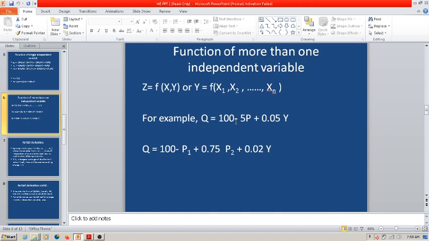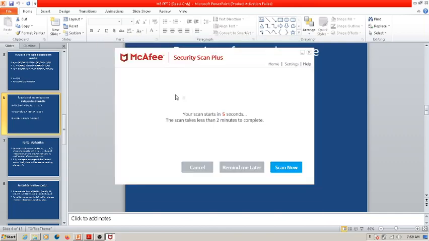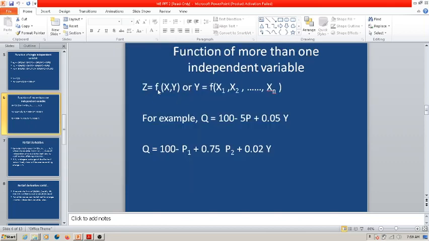In that scenario, the function will take the form z is equal to f of x, y. If you are dealing with a function where only two independent variables are influencing the dependent variable, then you can go for this: z is equal to f of x, y.